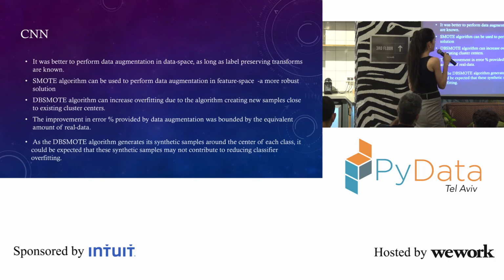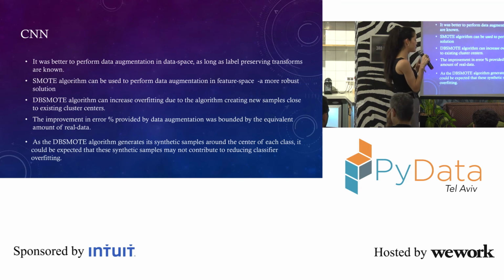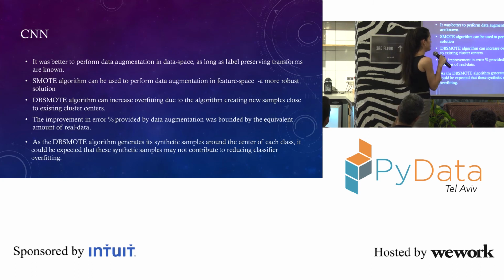The SMOTE algorithm can be used to perform data augmentation in the feature space. It's a more robust solution. The dbSMOTE algorithm can increase overfitting due to the algorithm creating new samples close to the existing clusters. And the improvement in the error provided is actually bounded by the equivalent amount of the real data.